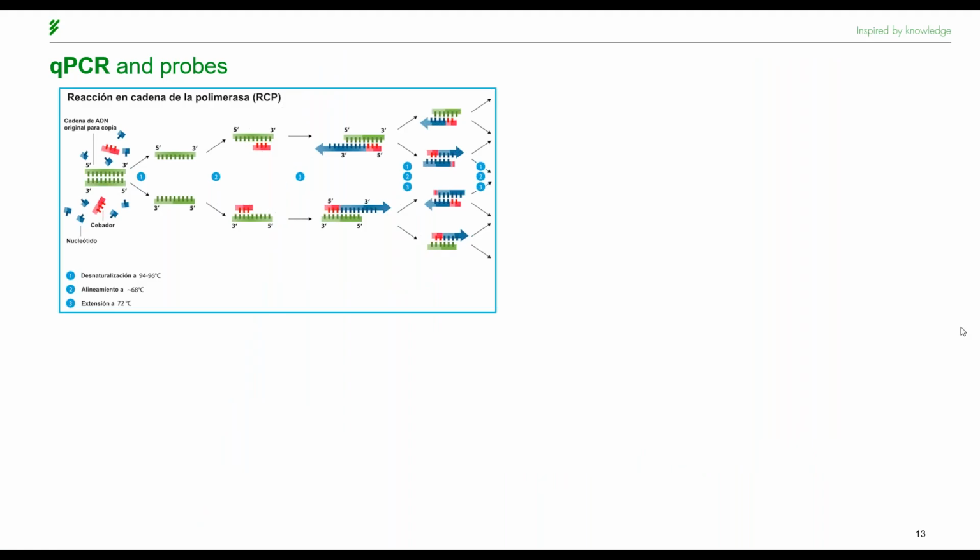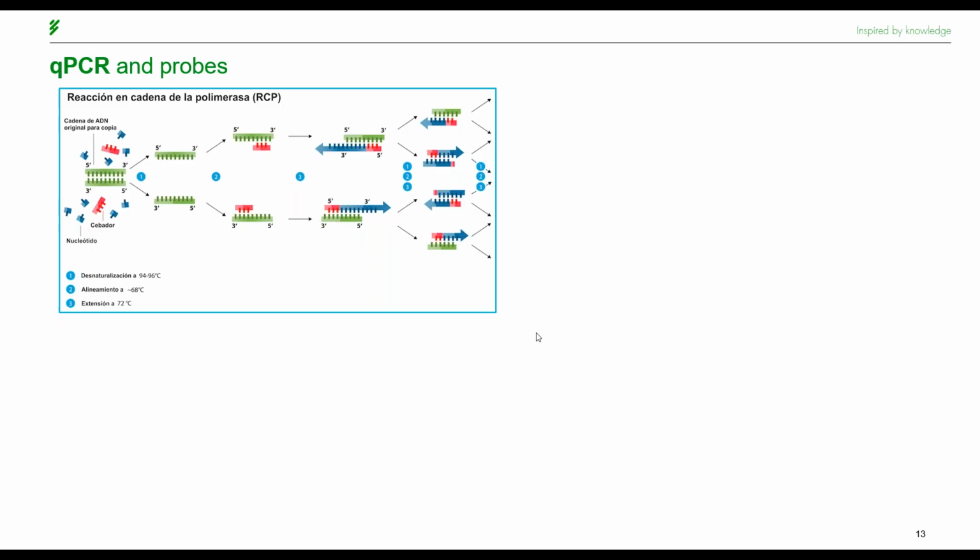Okay, let's talk briefly about PCR that I'm sure most of us have heard about, especially this year. PCR is a polymerase chain reaction, as its name indicates, where copies from a single DNA fragment present in a sample are obtained through amplification.